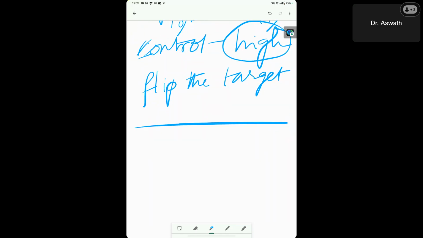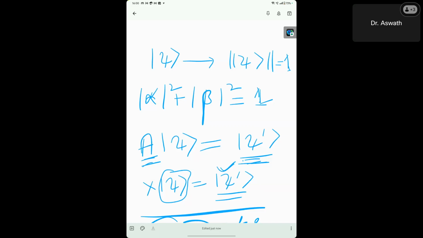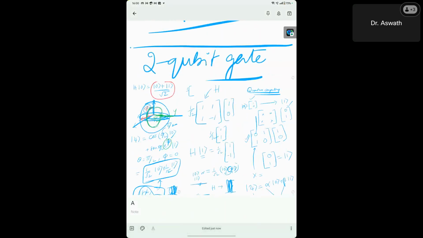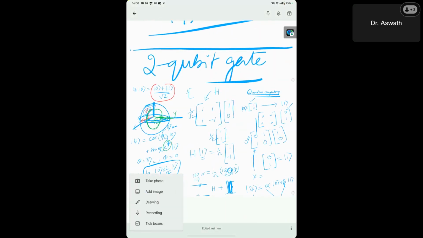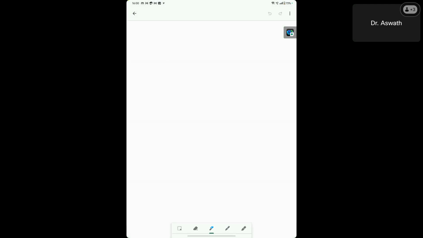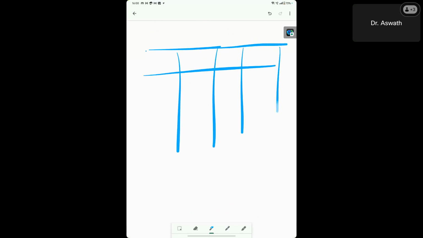If you cross-check its truth table, interestingly, let me draw the truth table for a CNOT gate. I have a control, a target, and the outputs, control out and target out.